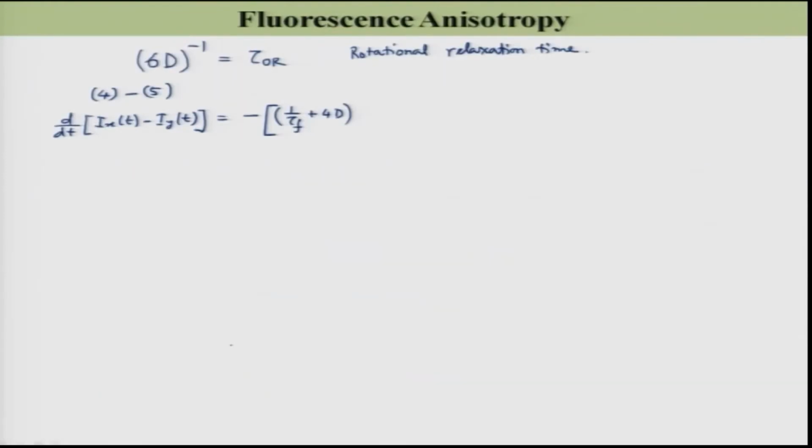Then I will have minus 2d, whole thing here, times Ix(t), and for the Iy I will also get this term, but this will be 2d plus 1 over tau f plus 4d, times Iy(t), okay.